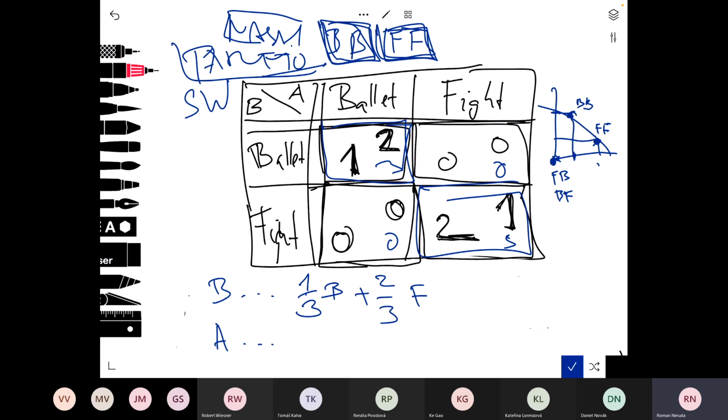For Alice, it's vice versa. Alice is taking 2/3 for the ballet and 1/3 for the fight. This can be computed and proven to be a Nash equilibrium in mixed strategies.